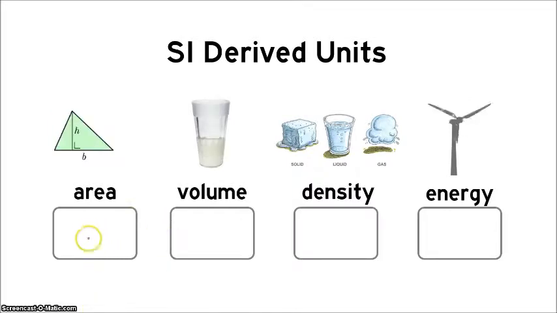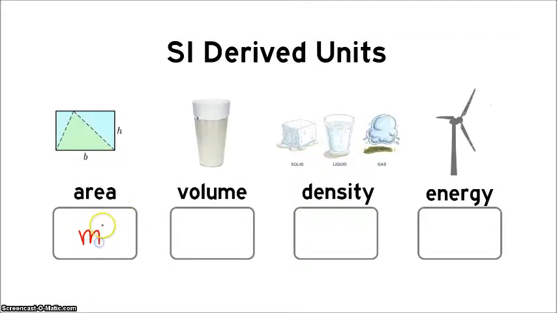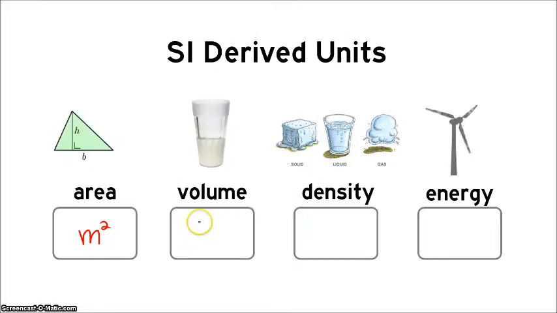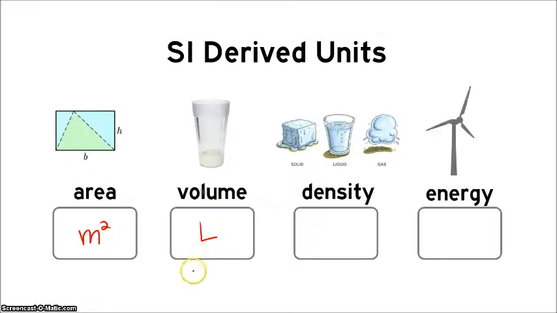We measure area by square meters. It's a derived unit because we get it by multiplying two things together, having two units multiplied together. Volume we measure by the liter, which is a derived unit, and this is a little bit complex, but I'll give you the rundown. 1 milliliter equals 1 cubic centimeter.